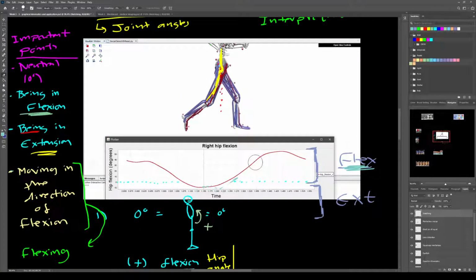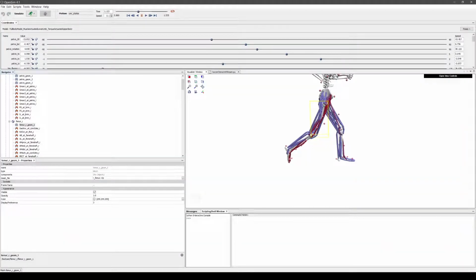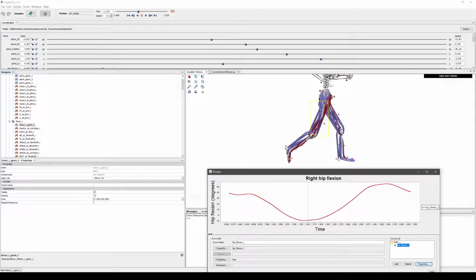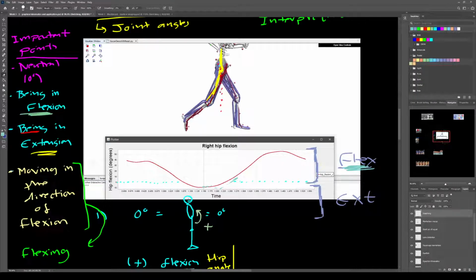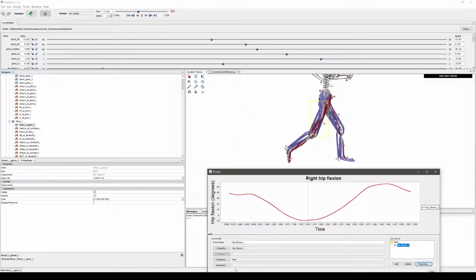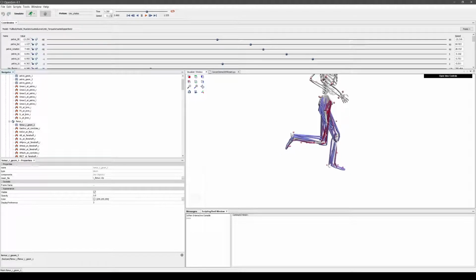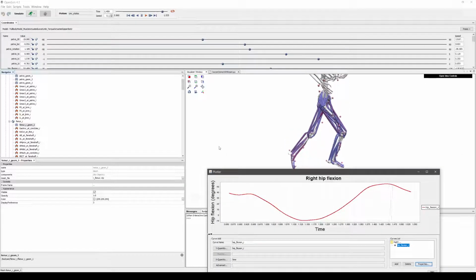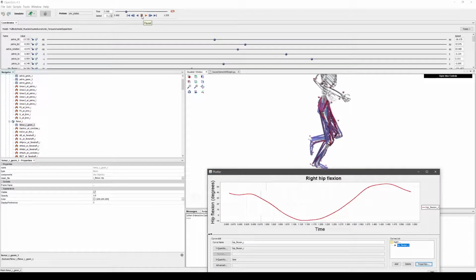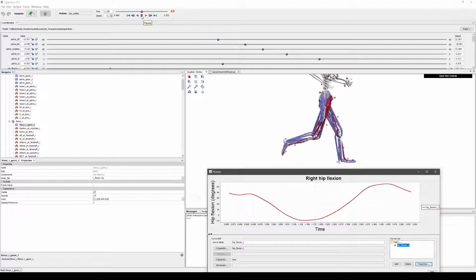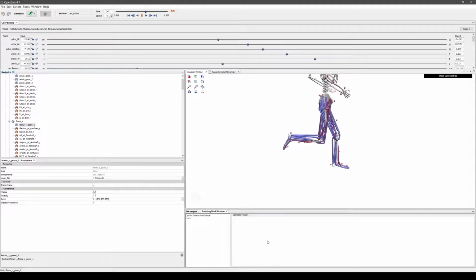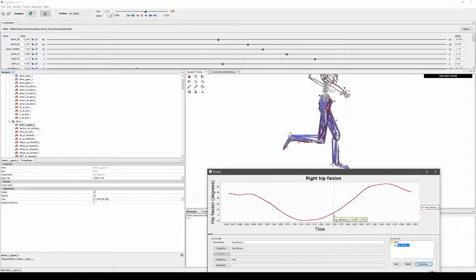Okay, so this is a little bit of a technical thing. Let me show you the animation again, and let's just look at what's happening, say, when the hip is going to be moving in the direction of flexion. So let me pause right here and notice at this point we're going to be going up.